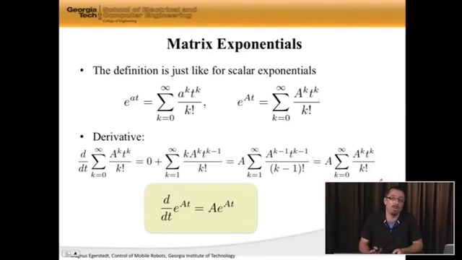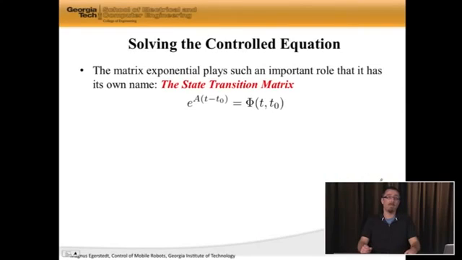That's all I wanted to show with this slide: even though this looks a little awkward, we have these sums of matrix powers, all it means is that we can take derivatives of matrix exponentials and trust that they behave just like in the scalar case. In fact, e to the A(t minus t naught) is such a fundamental object in linear systems theory that it has been given its own name.